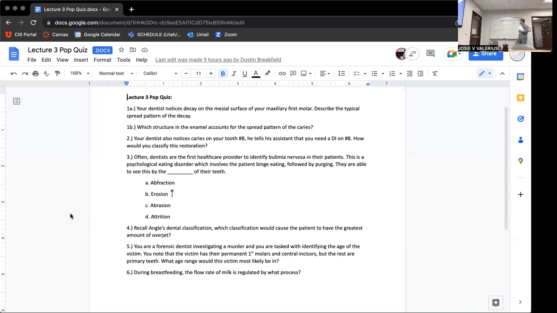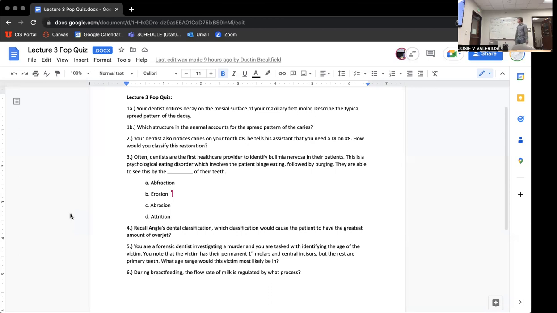Okay, so for restoration classes, who can tell me what the class 1 restoration involves? On one surface, on anterior or posterior teeth? Yep, so it's just a singular surface. And then it's usually the occlusal or incisal surface, just on any tooth.